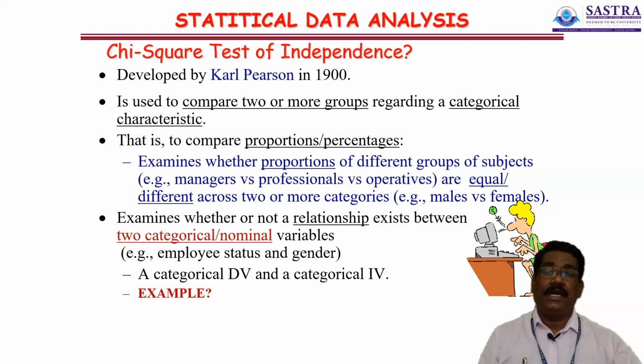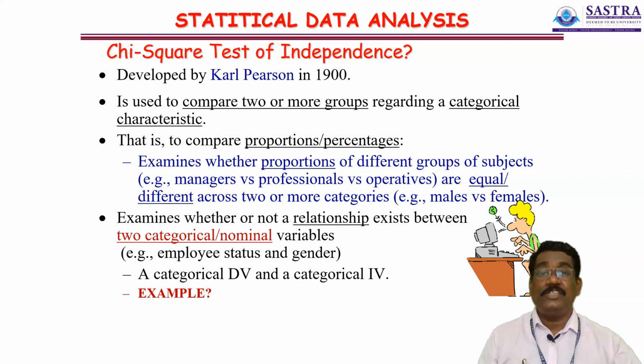When you find out that there is a relationship between an independent variable and a dependent variable, you have to formulate two hypotheses: the null hypothesis and the alternative hypothesis. The null says there is no significant association, and the alternative says there is a significant association.